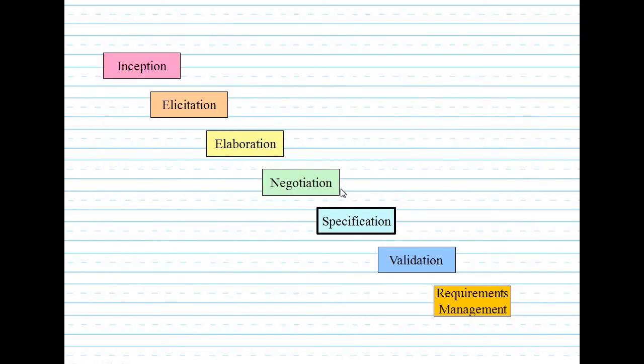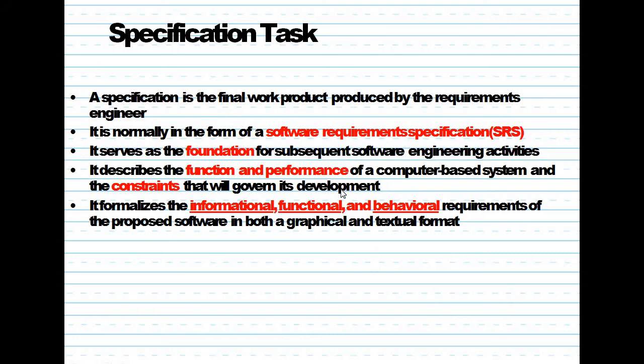Now, next is the specification. What is the specification task? The specification task is the final work product produced by the requirements engineer. So, it is normally in the form of a software requirement specification. The SRS, we will read more about SRS in our next lecture. So, it serves as the foundation of subsequent software engineering activities.